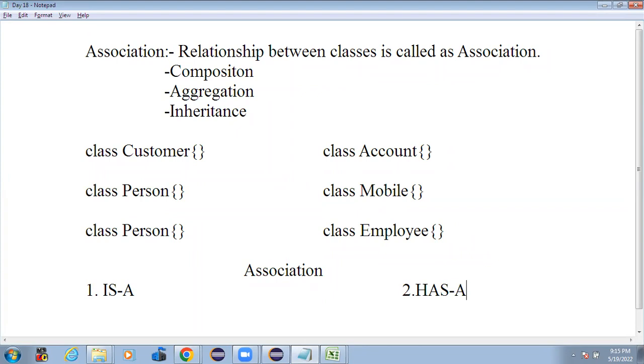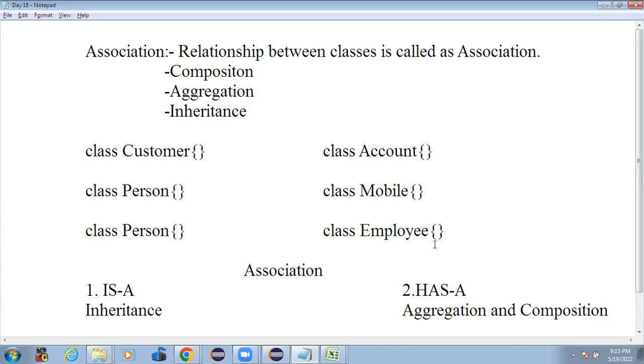The is-a kind of relationship is implemented by inheritance, and the has-a kind of relationship is implemented by aggregation and composition.